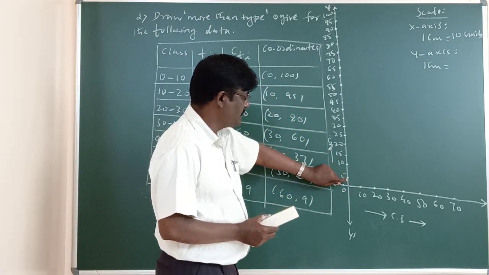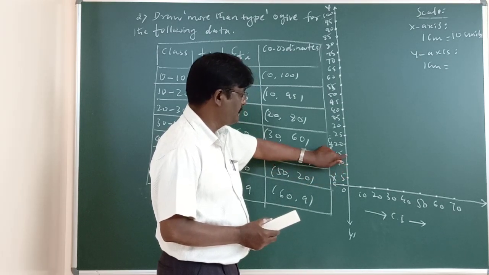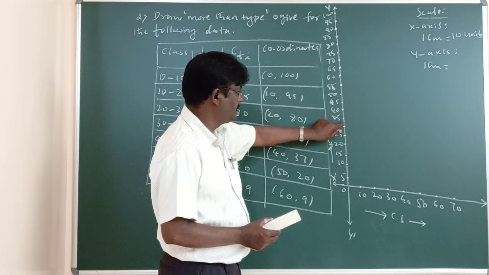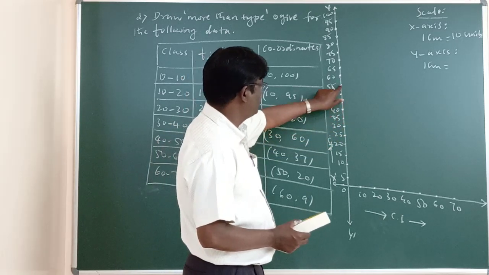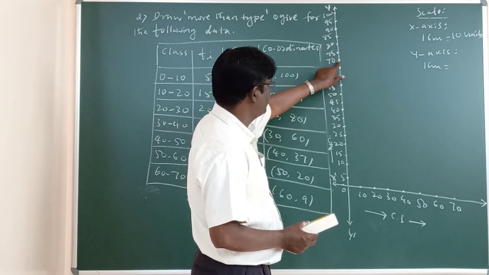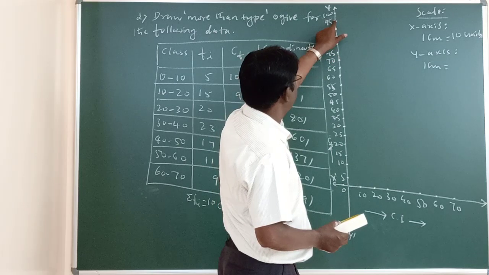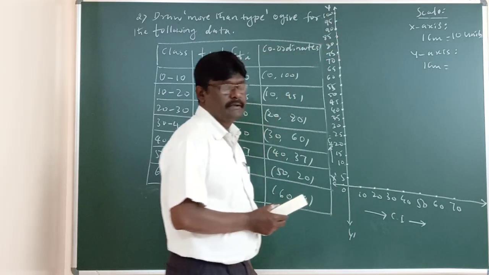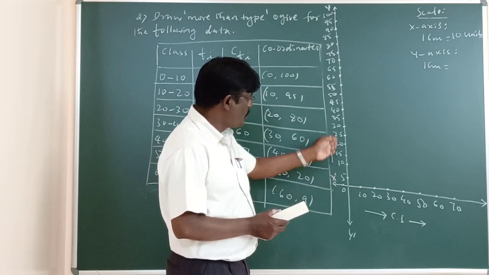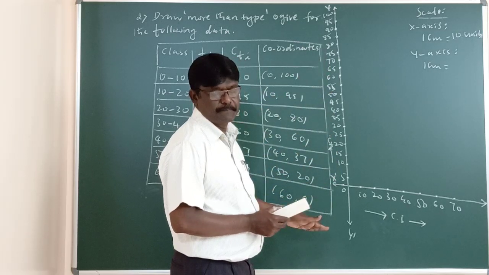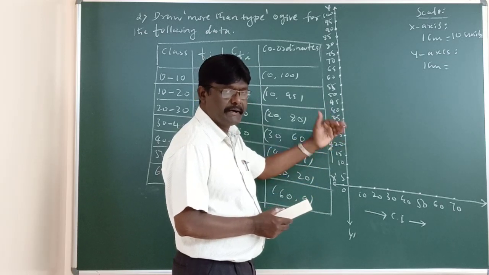Let us mark every 1 centimeter as 5: 5, 10, 15, 20, 25, 30, 35, 40, 45, 50, 55, 60, 65, 70, 75, 80, 85, 90, 95, 100. We have to be very careful because we have a large number of numbers. In such cases, we may skip or repeat.